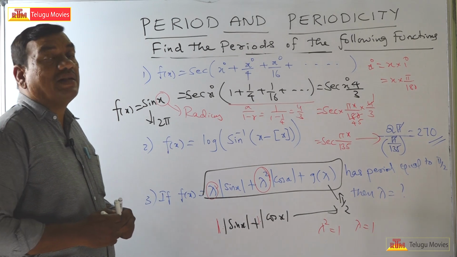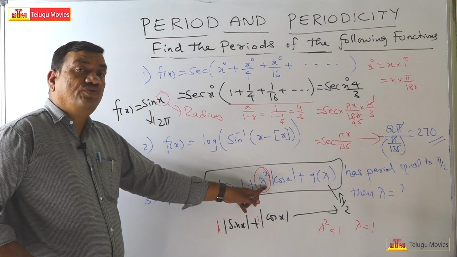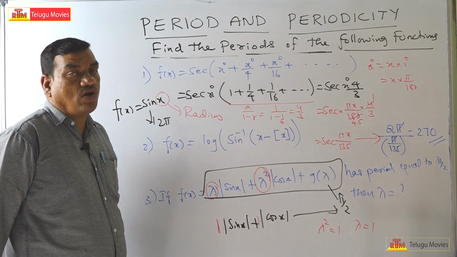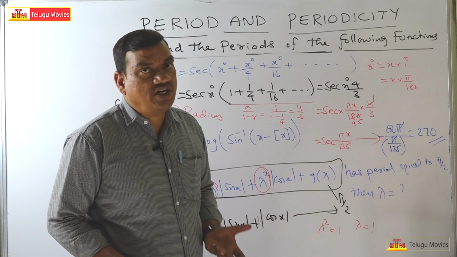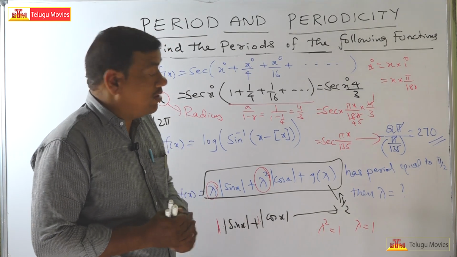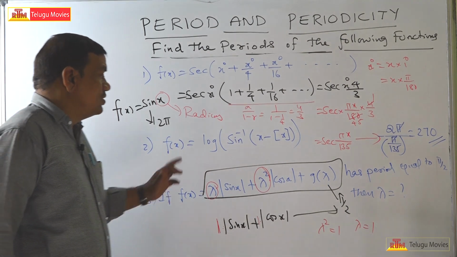Lambda value should be plus or minus 1. Either you can take plus 1 or minus 1, nothing wrong in it. So g of 1 or g of minus 1 is a constant that won't harm our original problem. Understand this? Very interesting problem.